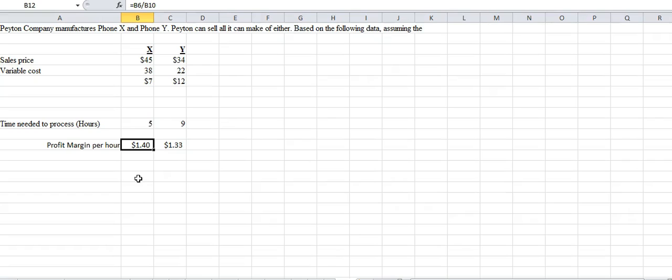And the lesson to be learned here is do not look at contribution margin in isolation. Contribution margin per unit is important, but you also must incorporate in your decision how long it takes to produce each of those units, okay? And of course you have to incorporate the fact that you can sell it all or not. In this case it says that you can sell it all, so you don't have to worry about that component.